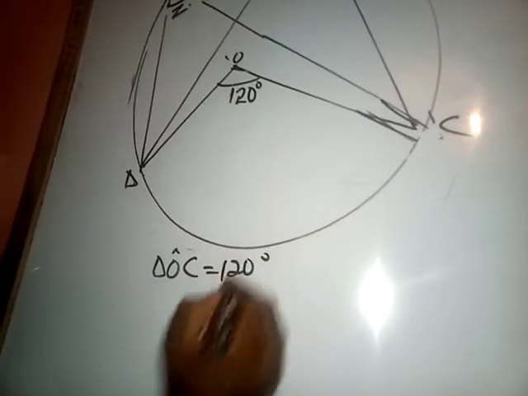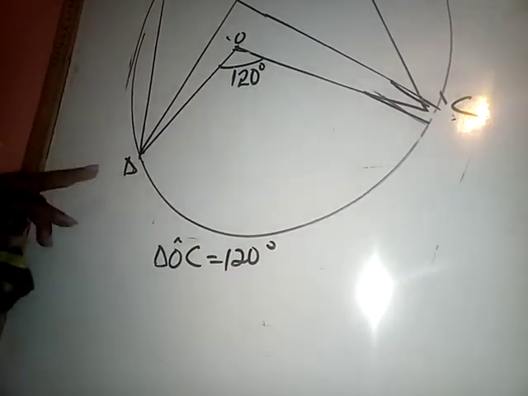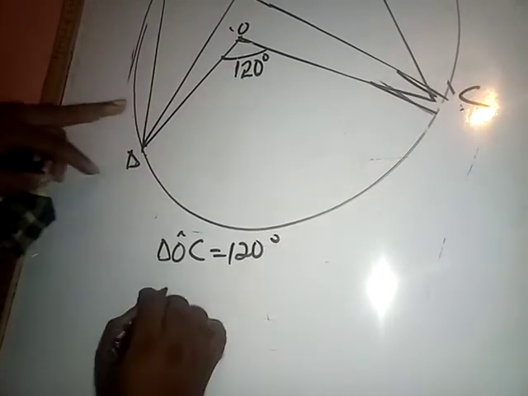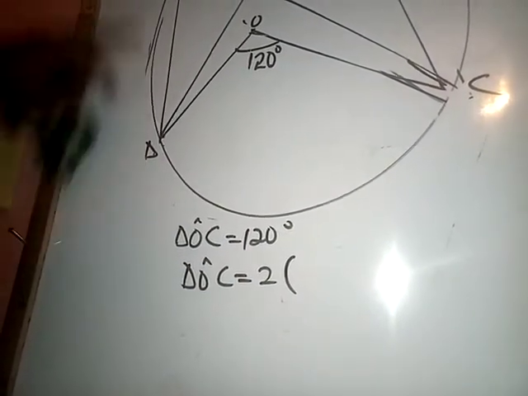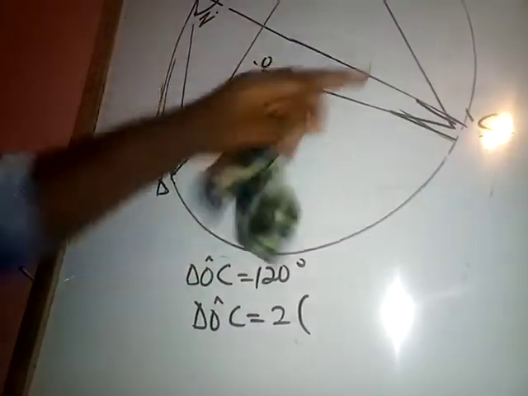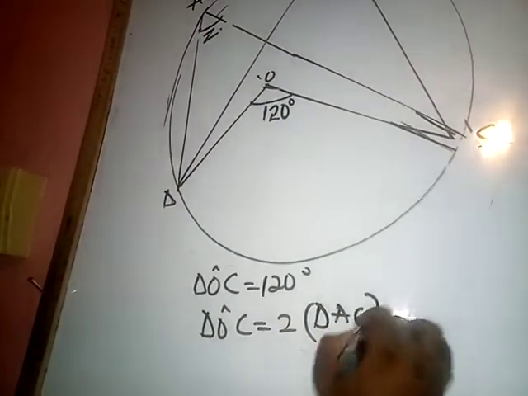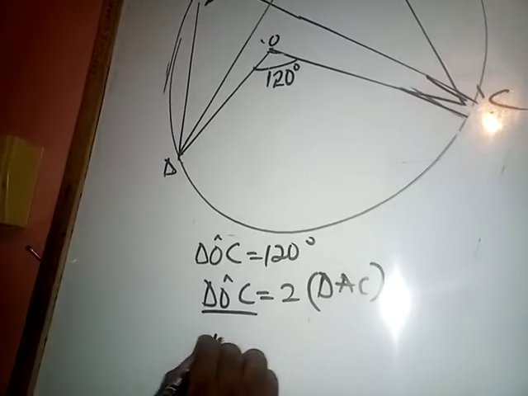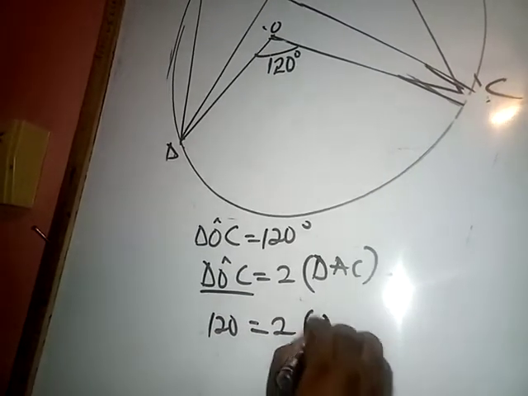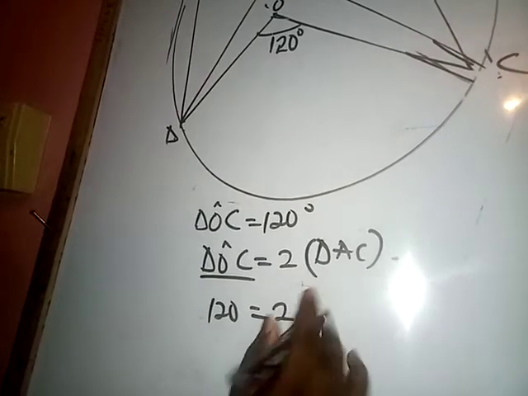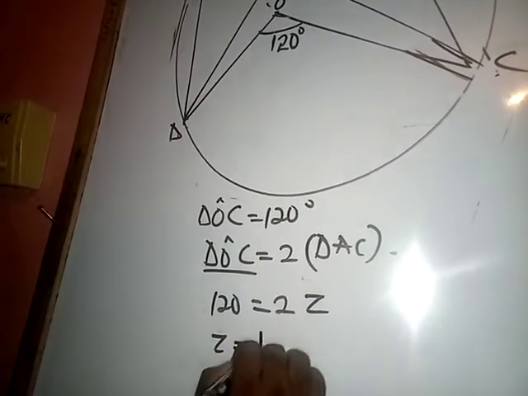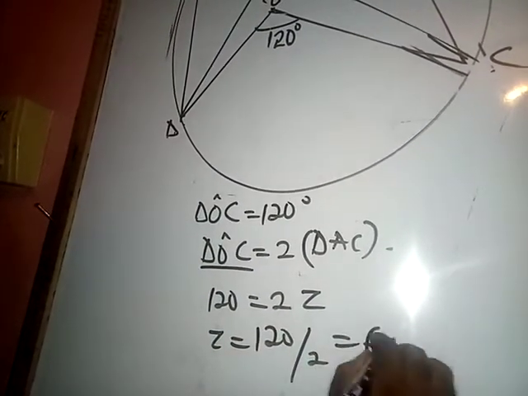Are we there? So angle DOC equals 120. And from the theorem, we have known that angle DOC is twice angle DAC. What is my DOC? 120. What is my DAC? Z. So Z is equal to 120 over 2, that's 60.